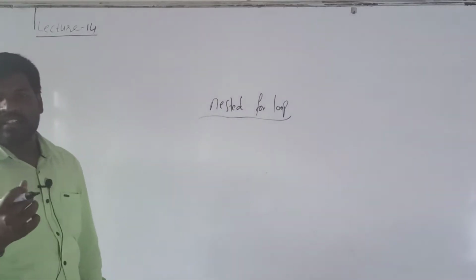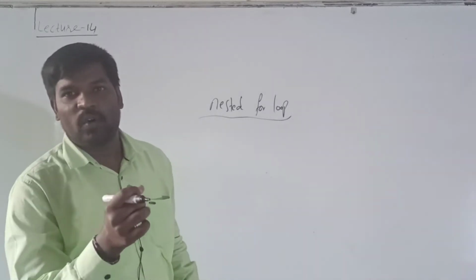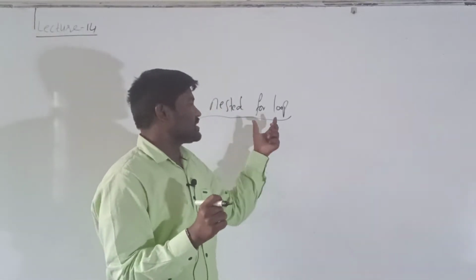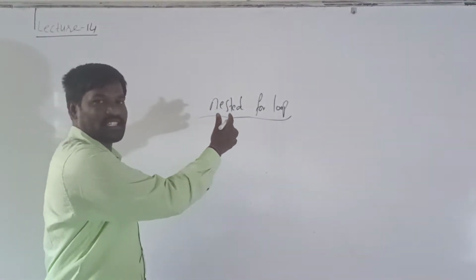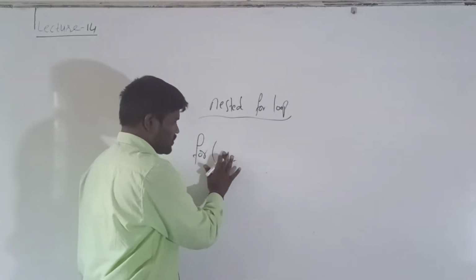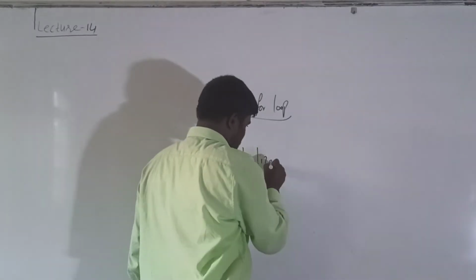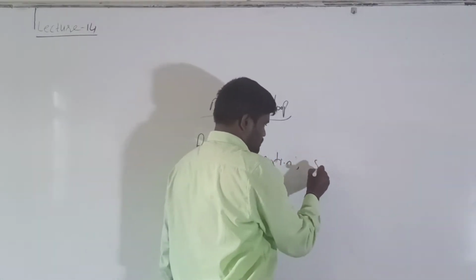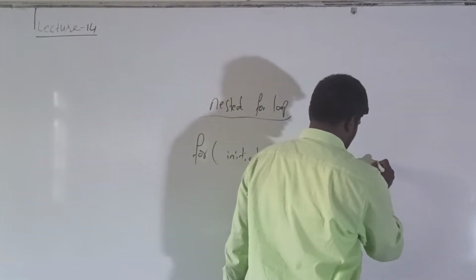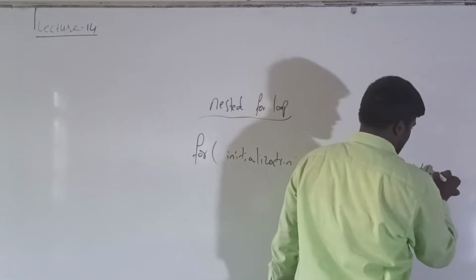The difference between a single for loop and a nested for loop is that if you write a for loop inside another for loop, that is the nested for loop. The syntax for nested for loop is: for, initialization, condition, increment or decrement.